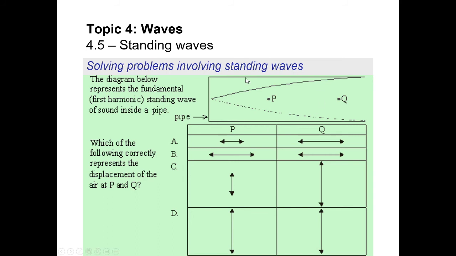So if this wave is traveling from left to right or right to left, that means the particles, P and Q, must also be oscillating left to right or right to left. Okay. So the idea that P is moving less than Q is correct, but we just have to understand that because it's a sound wave, it's a longitudinal wave, it's oscillating left and right. So the answer is A.